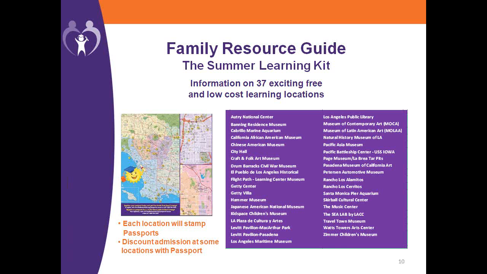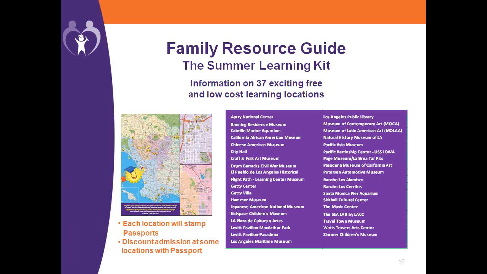The Family Resource Guide lists the different locations. As you can see, there's a map that shows the different locations by geography. But on the flip side, we list out the locations and provide information, which I will talk about in the next slide.